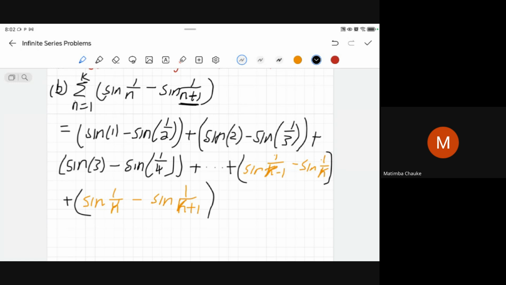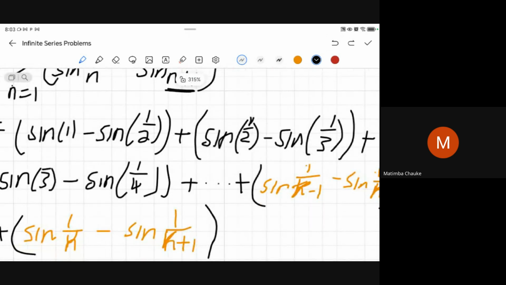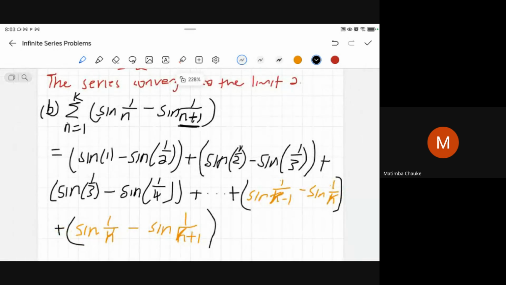So now we need to check which one cancels, which one doesn't cancel. You can tell me here which one will cancel. I forgot something. This one is 1 over 2, right? So it's 1 over n, whichever one was plugged in. This one is 1 over 3. So now check which one will cancel.